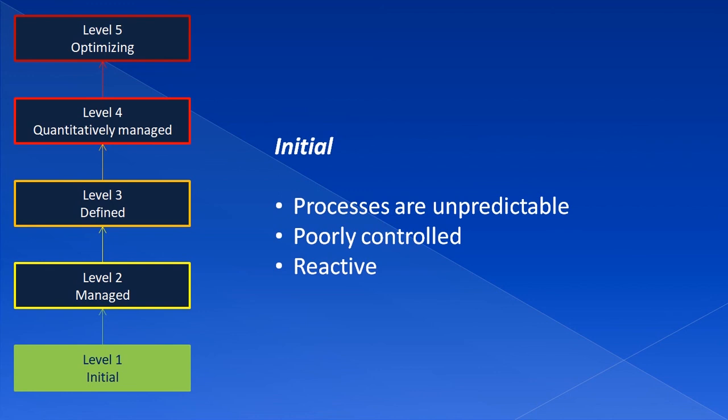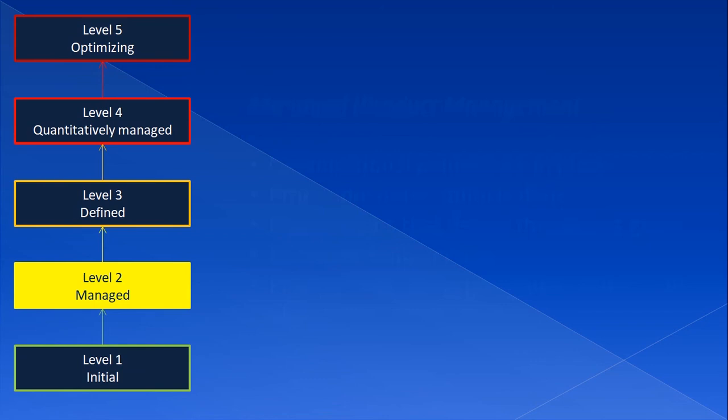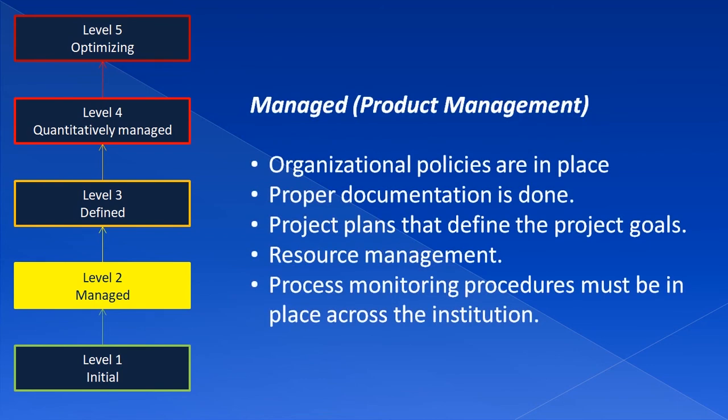And then comes the second level, or level 2 companies. They are managed. They manage their products, right? A level 2 company has organizational policies and proper documentation, right? They have documented plans, project plans, and they define project goals.